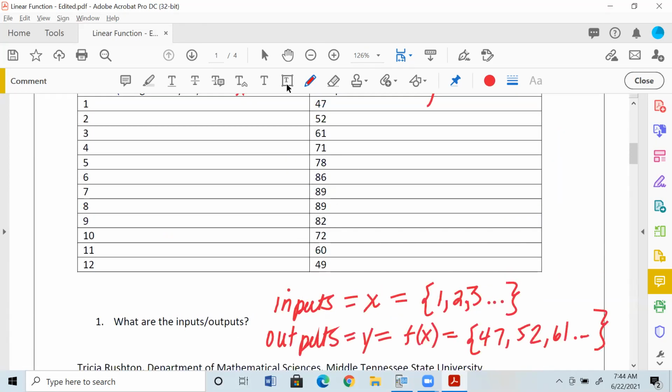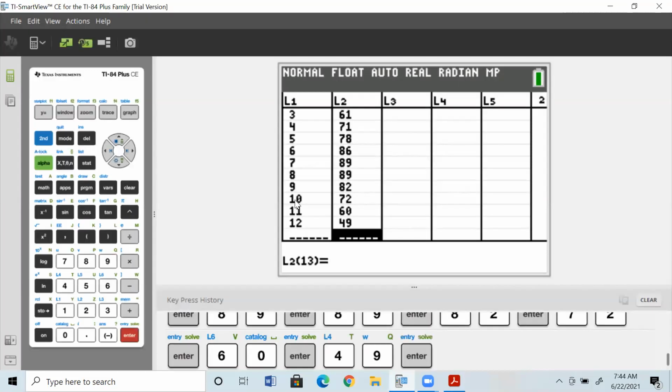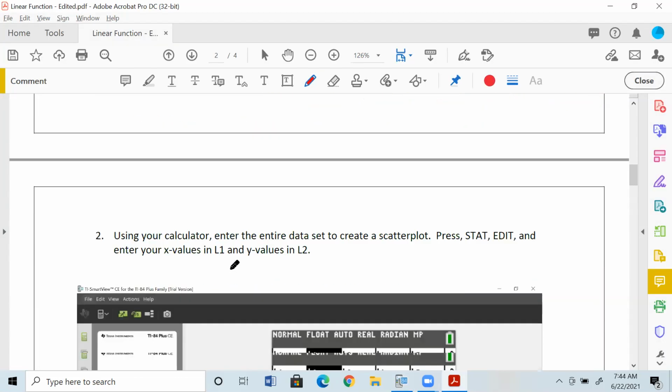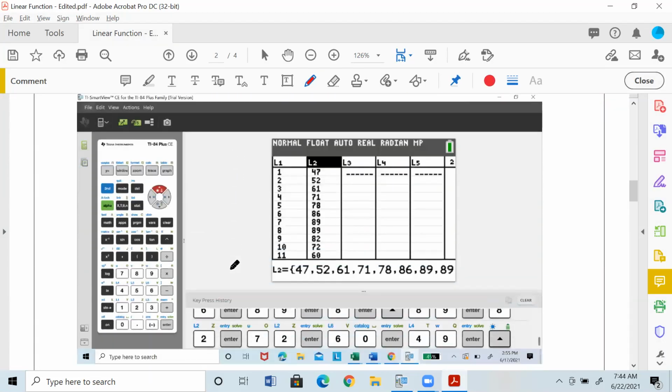Again, these values are coming from the table that we had above question number 1. So hopefully your calculator looks something like this.